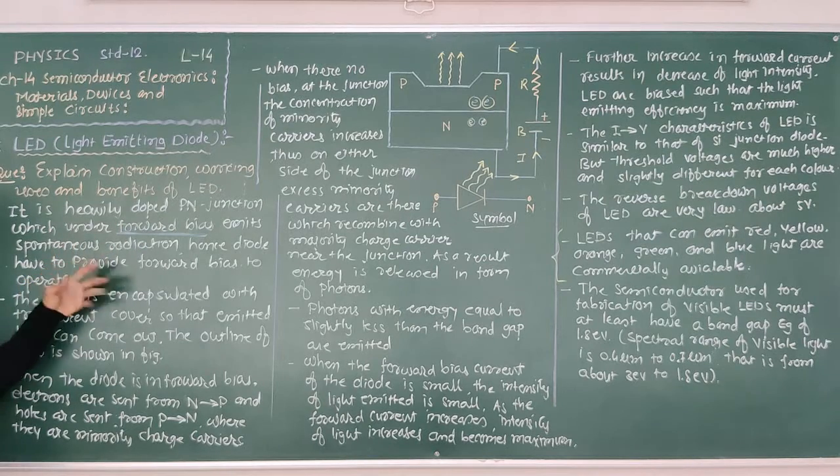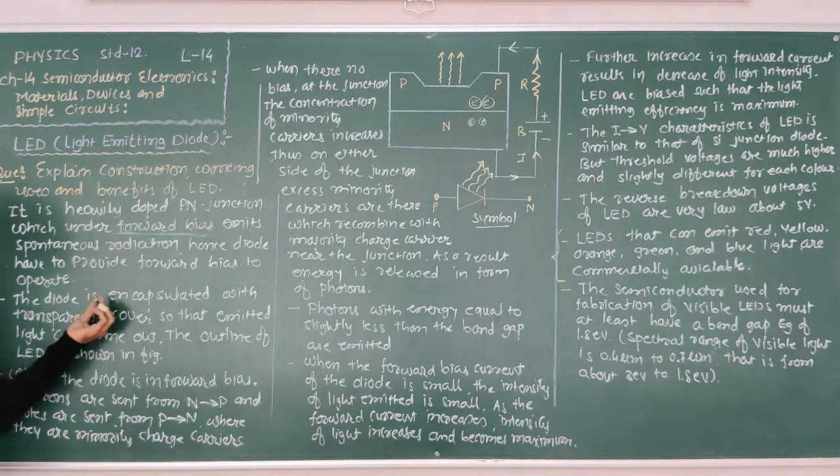So what happens? The spontaneous radiation of light takes place. As we connect the PN junction diode with heavily doped impurity atoms in forward bias, it emits the spontaneous radiation. To operate this light emitting diode, the forward bias is required.